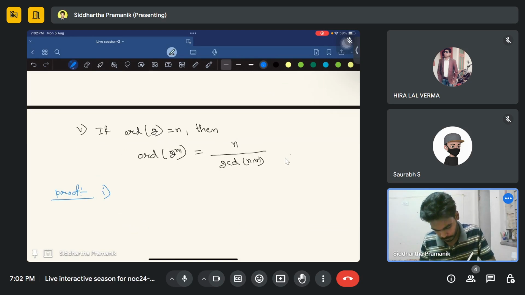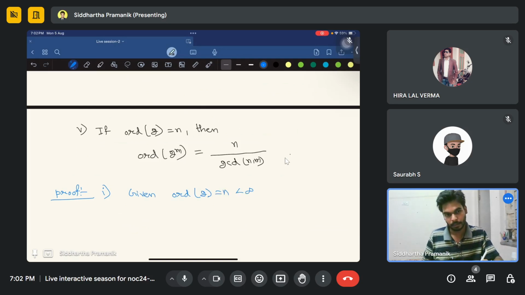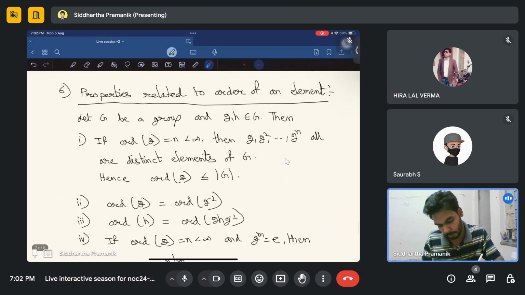So given is order of g is n, which is finite. So what will happen if some two elements in these n elements are equal?